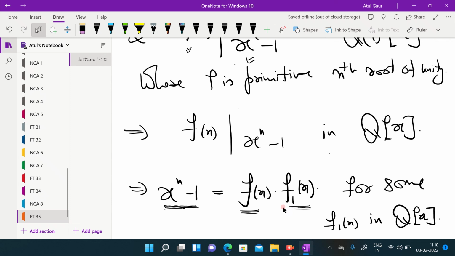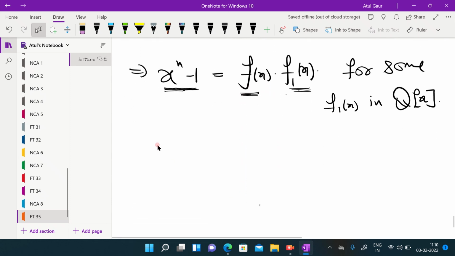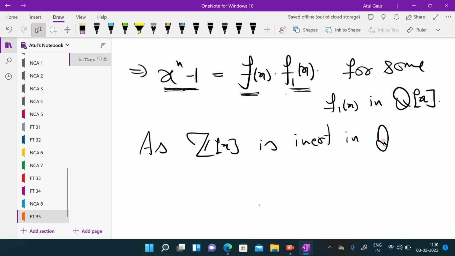So every such factorization you can pull down to a factorization in zx by means of some unit. So as zx is inert in qx, there exists some unit u, and where will this unit be? Basically in qx, and units in qx are in q.